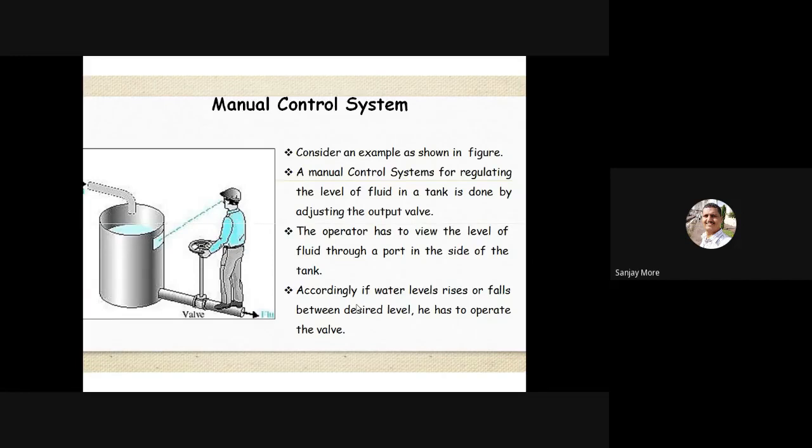Accordingly, if the water level rises or falls between the desired level, he has to operate the valve. Okay. Full stop.